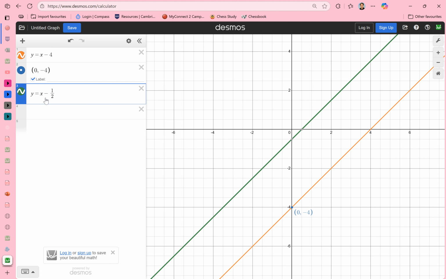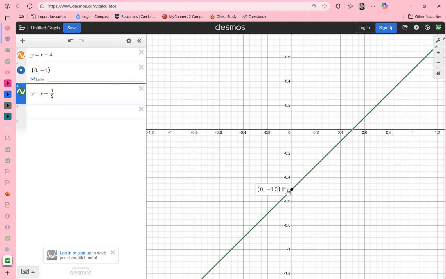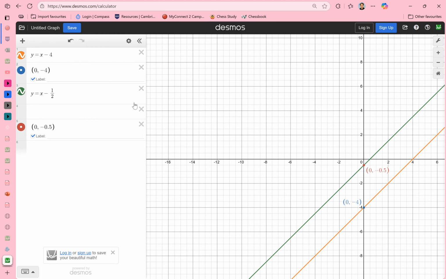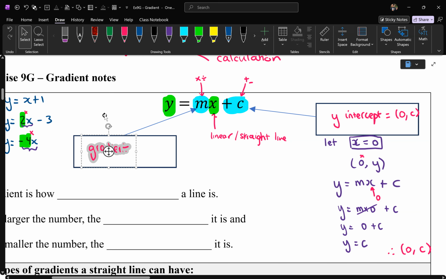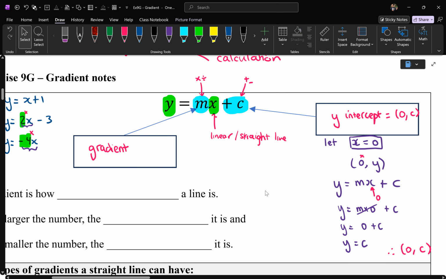Watch this. I'm going to zoom in. And can you see there, right there, it touches the y-axis at exactly negative half, negative 0.5 for that green line. Okay, so that's what the y-intercept represents, or C represents. C represents the y-intercept. You can prove it by substituting x equals 0 into the equation, and then you'll get y equals C.